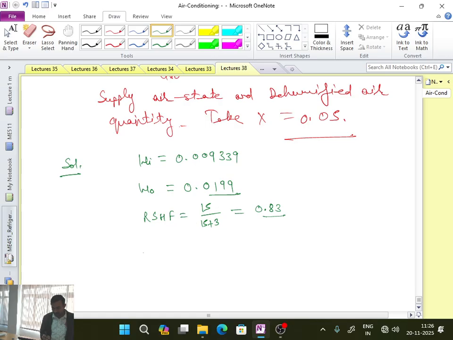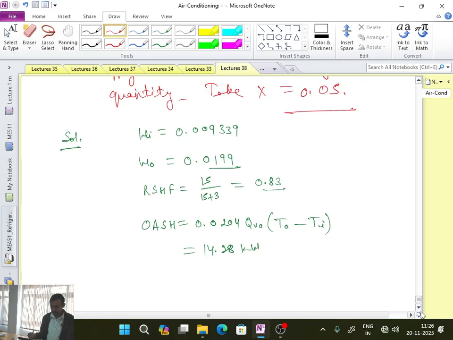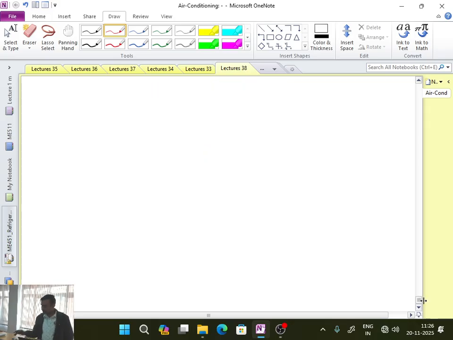OASH. How much will be OASH? 0.0204 QV naught, T naught minus Ti. How much is this value? What next do we need to do?